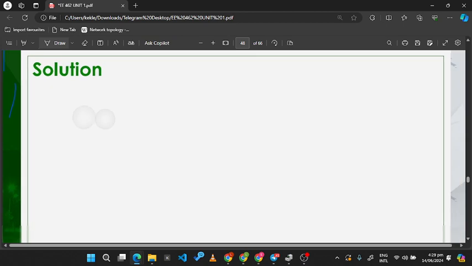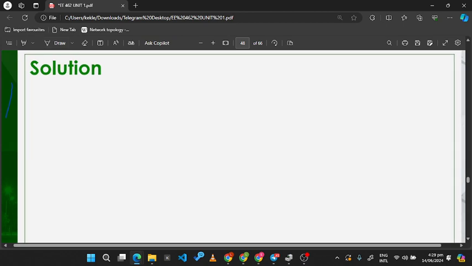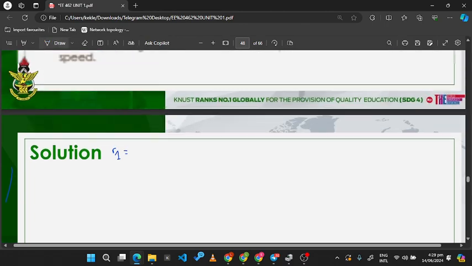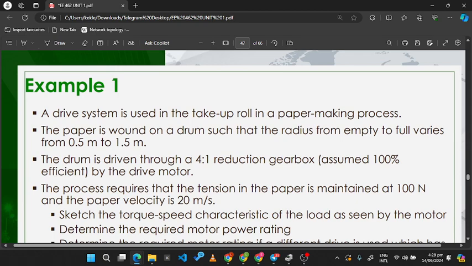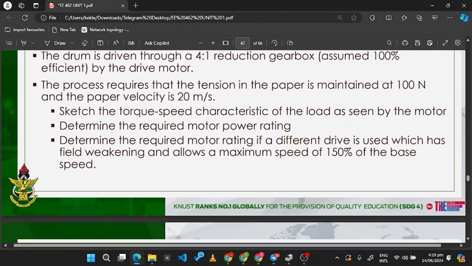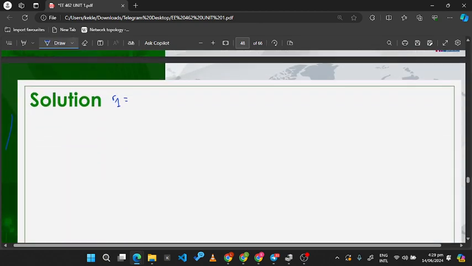So our assumptions first, we've been given two radii. The radius from 0.5 to 1.5.